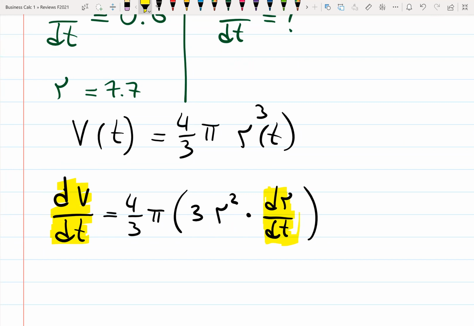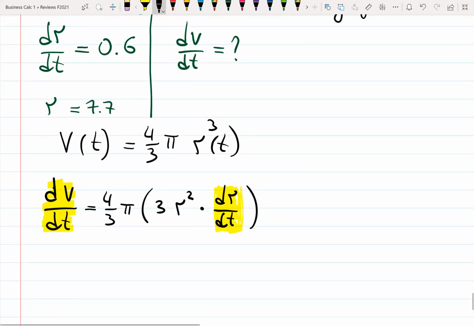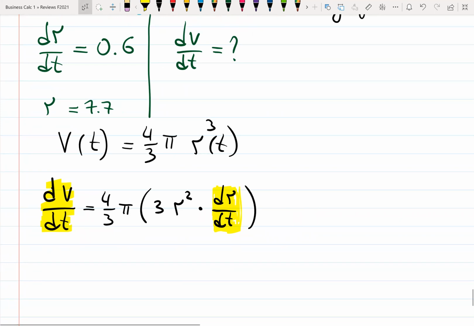And now I can ask you to find either dr over dt with the given dV over dt, or vice versa. From the list I just created, it means I actually need to find dV over dt with the given radius, no, radius is actually 7.7 and the rate is 0.6. Make sure you don't plug it in right away.